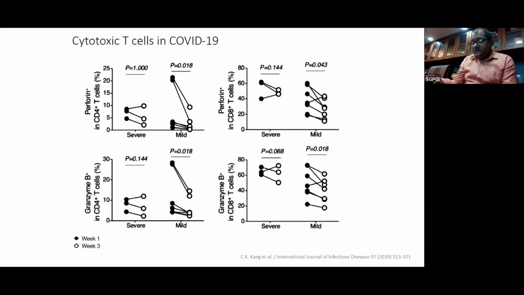Patients with mild disease tend to recover over a couple of days, and the markers of these CD4 and CD8 T cells go down, whereas those who continue to have severe disease do not show any change in the levels of perforin and granzymes, which are markers of cytotoxic T cells, both CD4 and CD8, or they may increase.